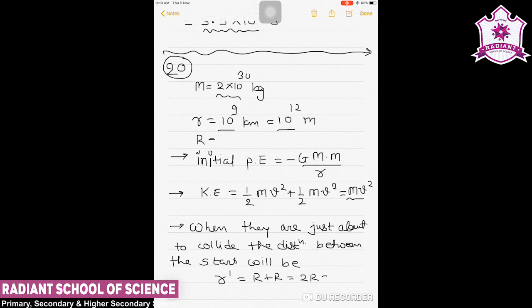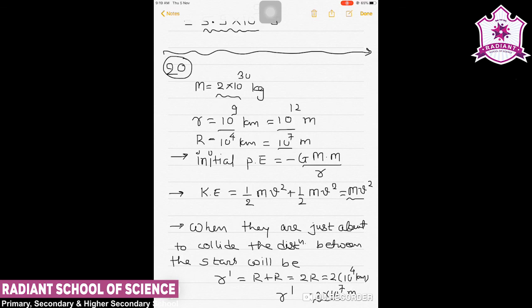So r dash is 2 into 10 raised to 4 kilometer, that is 2 into 10 raised to 7 meters. Here r is given as 10 raised to 4 kilometer, that is 10 raised to 7 meter.